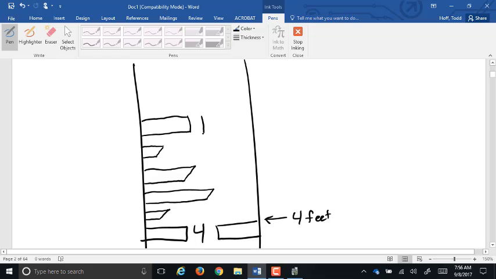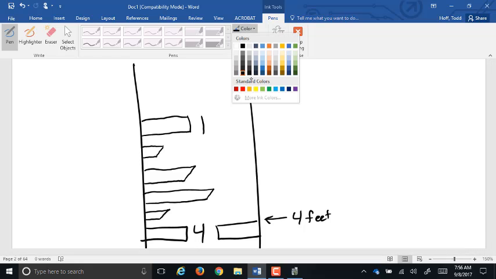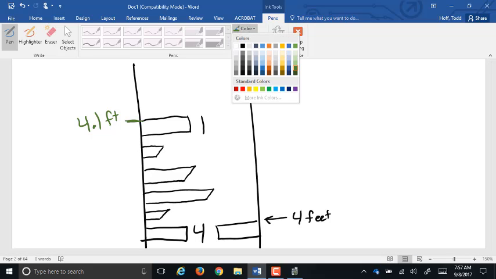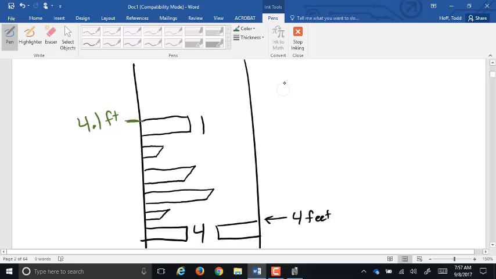The top of this line here is 4.1 feet. What's happening in between here, and usually these scopes have pretty good magnification so you could read this, what's happening in between here is the hundredths. This line here is 4.01.